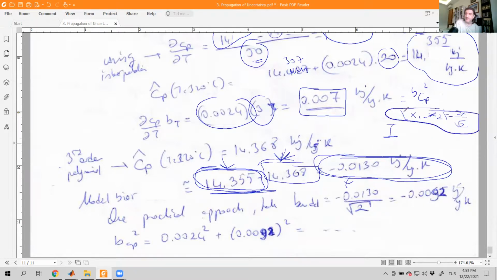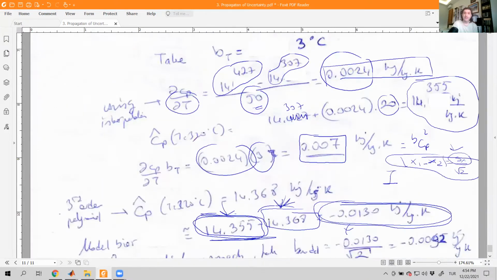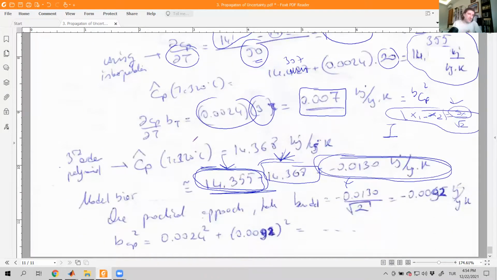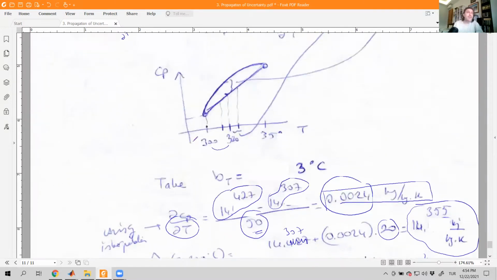Please prove it. It's very simple arithmetic. You just write the standard deviation equation for two observations. You can see that this is the case. Therefore, I convert this to standard deviation, of course neglecting the negative value. So I can square this value, then add it to the uncertainty due to temperature. So that is one way, and almost the simplest way, of dealing with this model uncertainty.